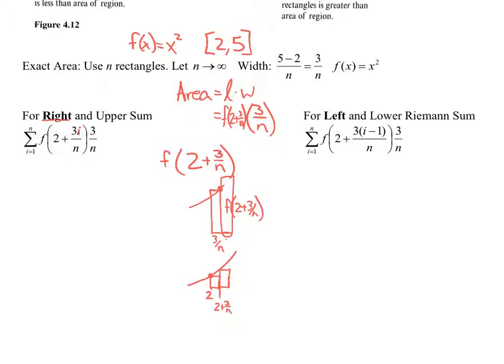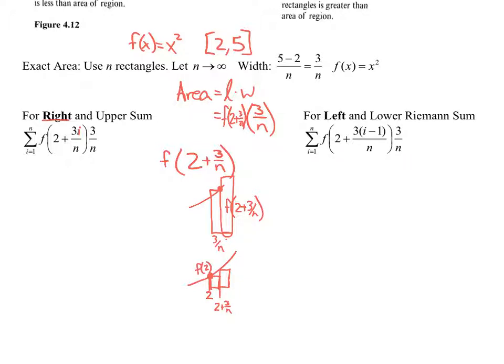So you'll notice here, instead of just the 3 over n being multiplied by i, it's actually times i minus 1, and that's because for the first rectangle, I don't want to add the 3 over n yet. I want to stay at 2. And for the height, I want to evaluate the function at f of 2.